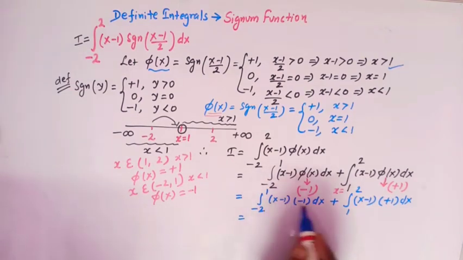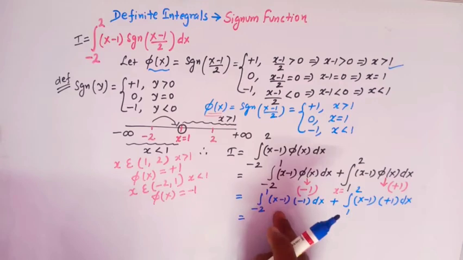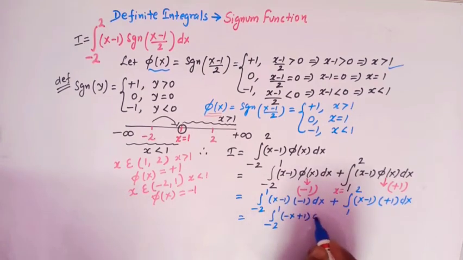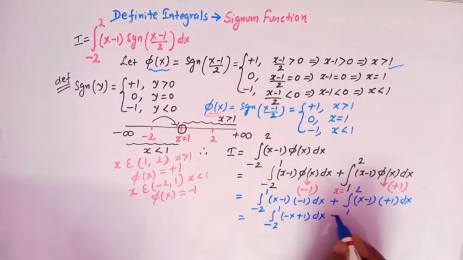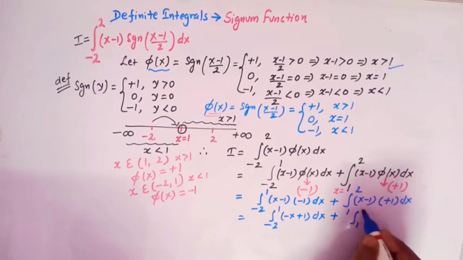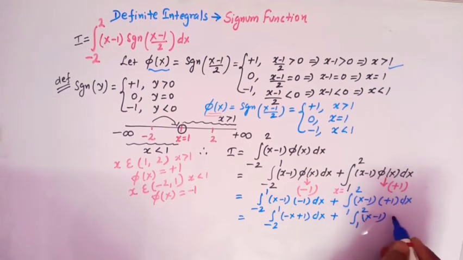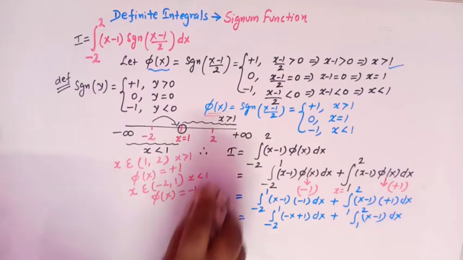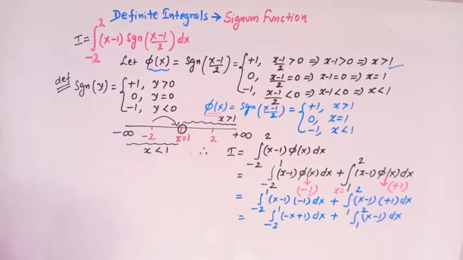Now we can simplify this expression as the integral from minus 2 to 1 of minus x plus 1 dx, multiplying these two terms by negative 1, and here we have simply the integral from 1 to 2 of x minus 1 dx. Now we have two simple integrals, and we can solve them using known results.